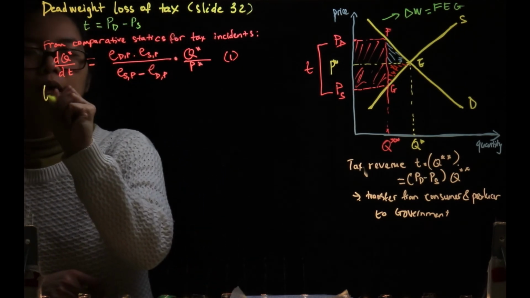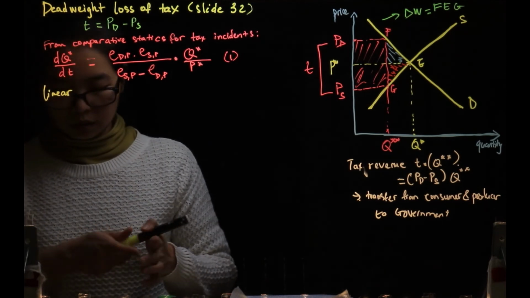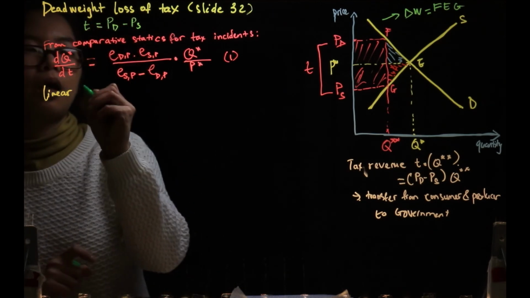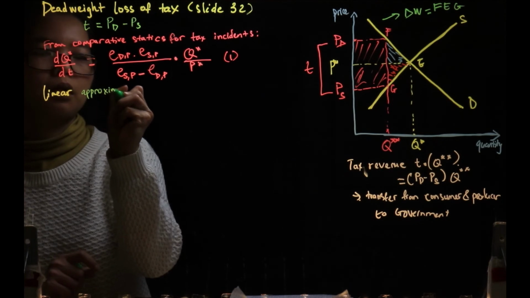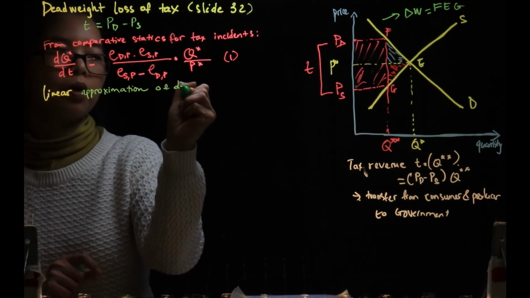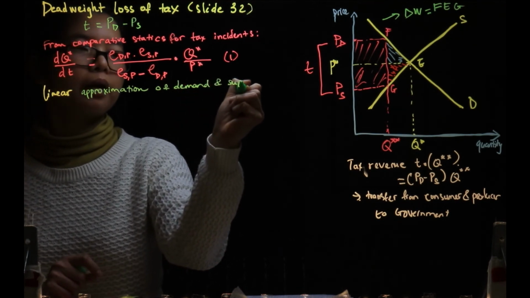So linear is actually not a good approximation of demand and supply.